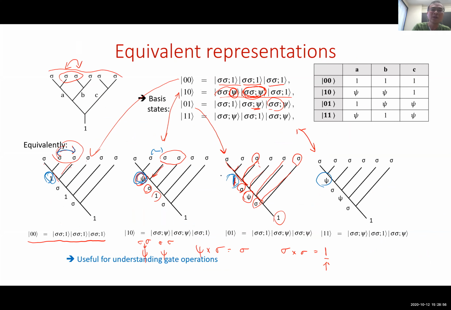So let me just write, braiding 2 and 3 induces a matrix that mixes 1 and psi, right? So 1 and psi is 0, 0, and 1, 0, right? But it also mixes 0, 1, and 1, 0, in the same way.